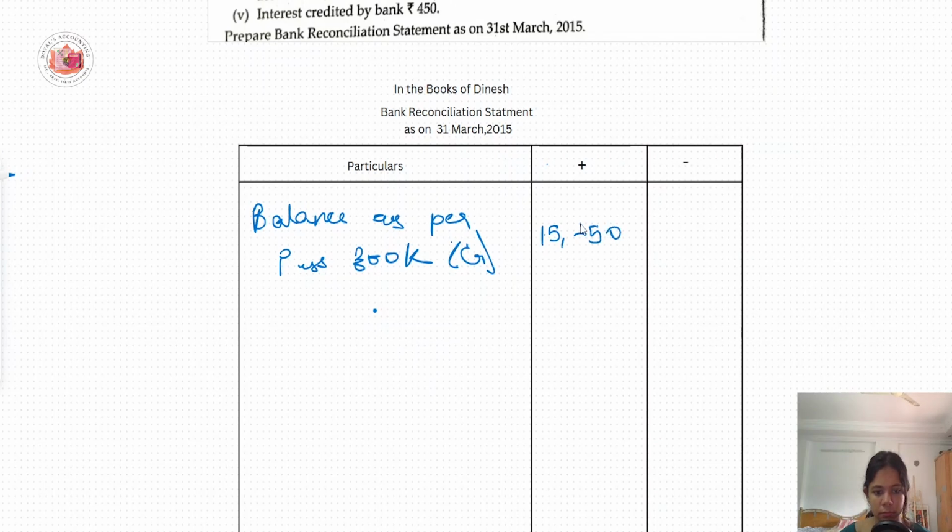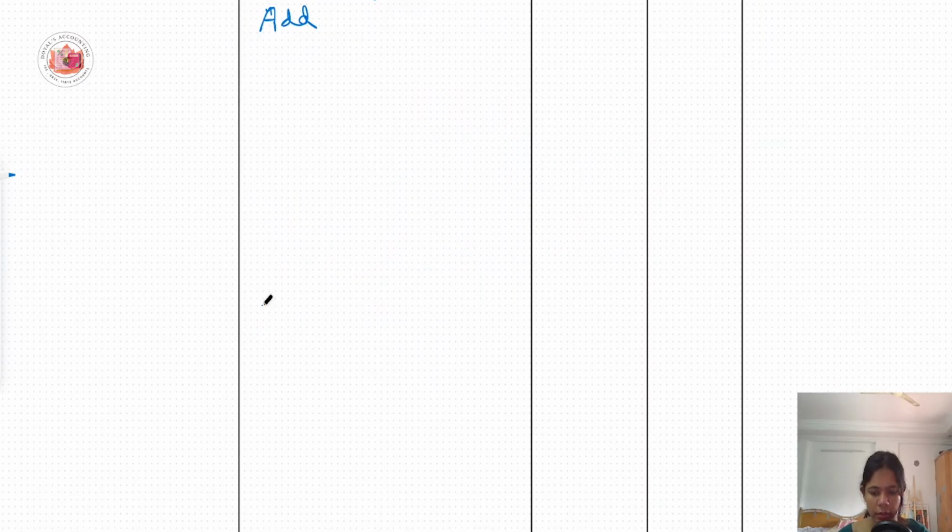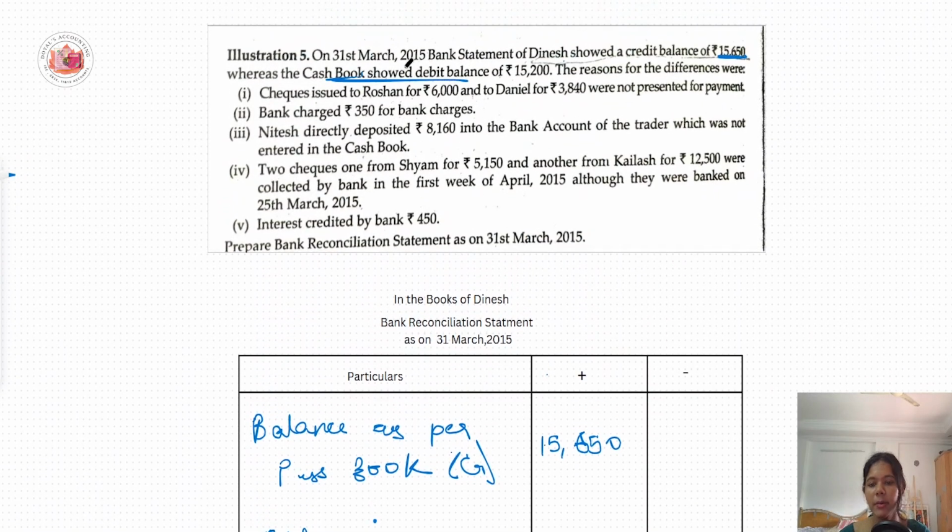Here all my add transactions will come, and here I'll write my less transactions. So let's read the question. Checks issued to Rohan for rupees 6,000 and Daniel for rupees 3,800 were not presented for payment.